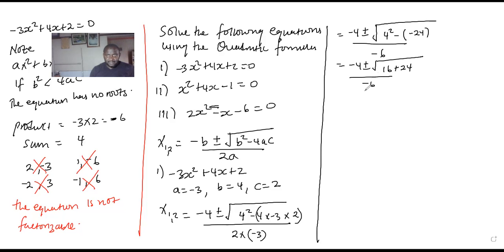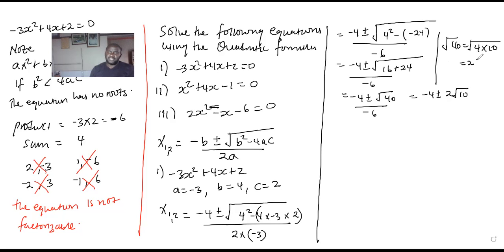This will give us negative 4 plus or minus root of 40, all is over negative 6. You see that this is negative 4 plus or minus 2 root of 10, because root of 40, remember surds. That's why every topic is very important. We cover the topic and you misuse it, it comes back to you later.